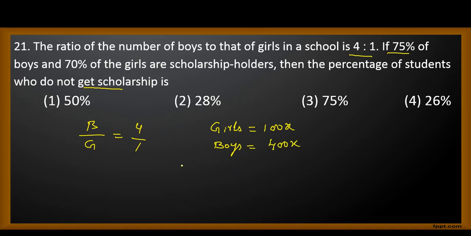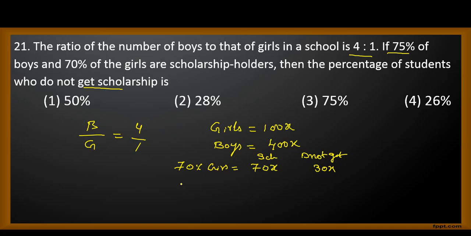How many girls got a scholarship? 70% of girls, which equals 70x, because these are the people who got a scholarship. It means those who do not get a scholarship are 30x, because we are assuming the total number of girls as 100x.